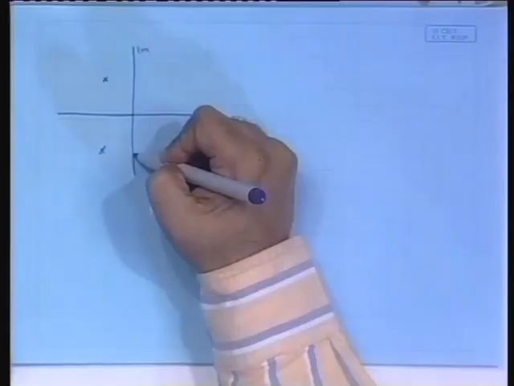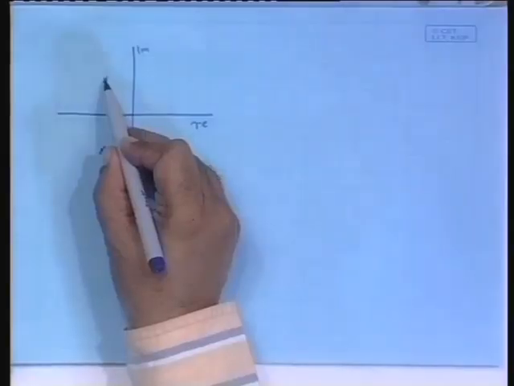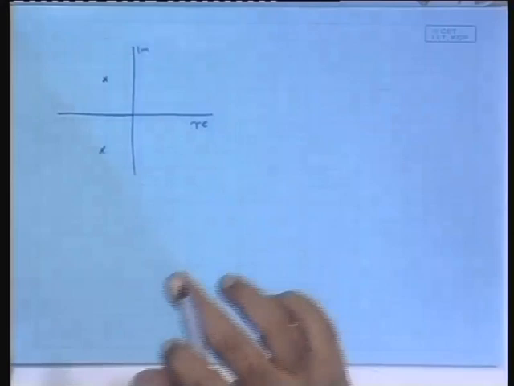So, we conclude that if it is purely imaginary, then you have a pure sinusoidal behavior. If it is imaginary with a negative real part, then it will be a damped sinusoid, it will decay. And if it is complex with positive real part, it will be like this.